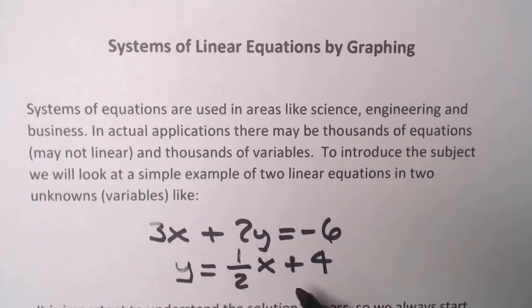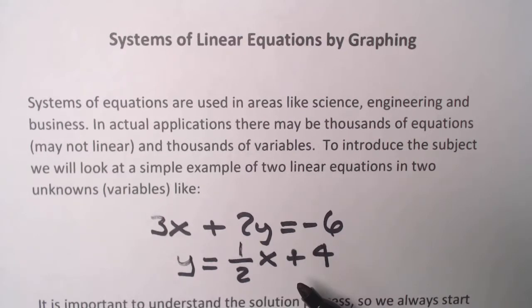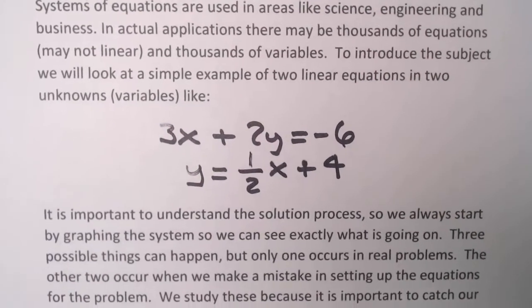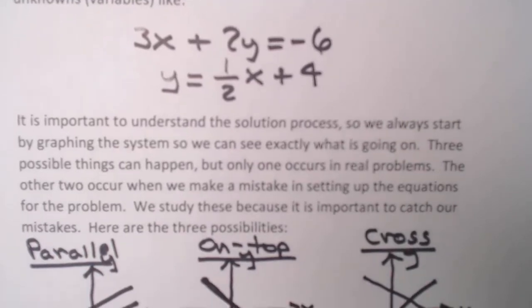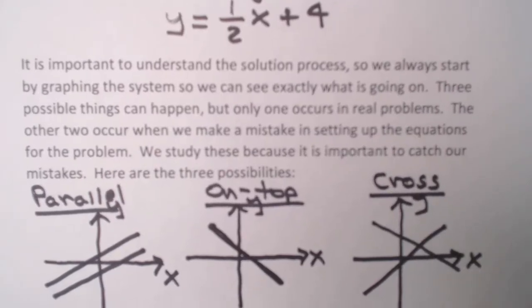Y equals mx plus b. Okay, they can be in any of the standard forms or any of the forms that you deal with in graphing. And of course, you're going to get a good chance to practice your graphing again here.